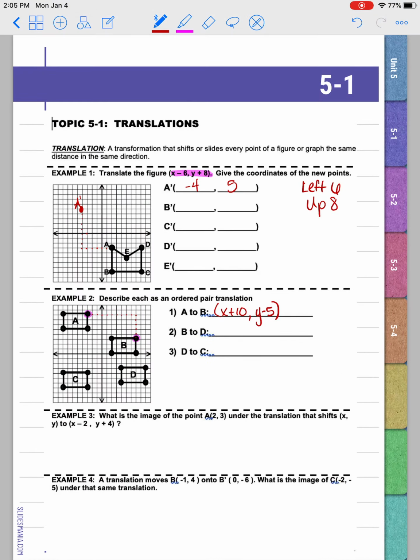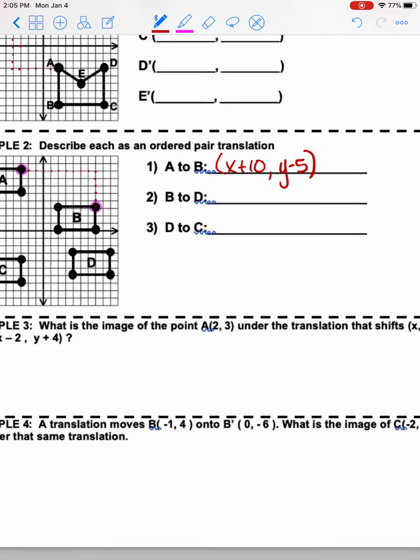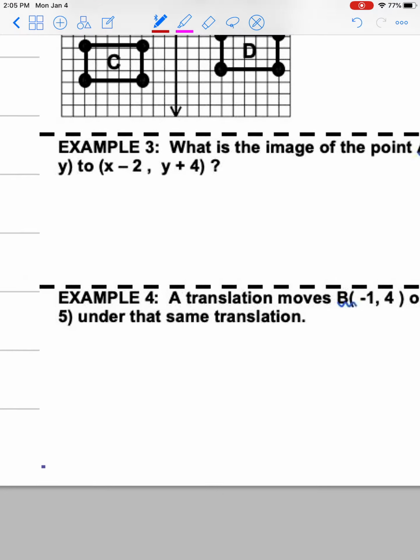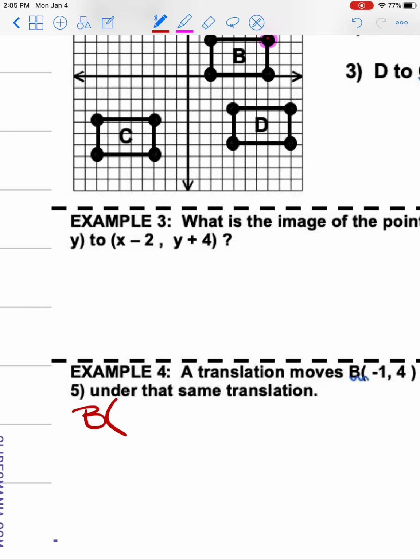The last one that we're going to talk about together here is example 4. It says a translation moves point B at negative 1, 4 onto B prime at 0, negative 6. What is the image of C under that same translation? So we have to figure out how they are going from B to B prime. Let's write this down over here, it's easy to see where you have some room.